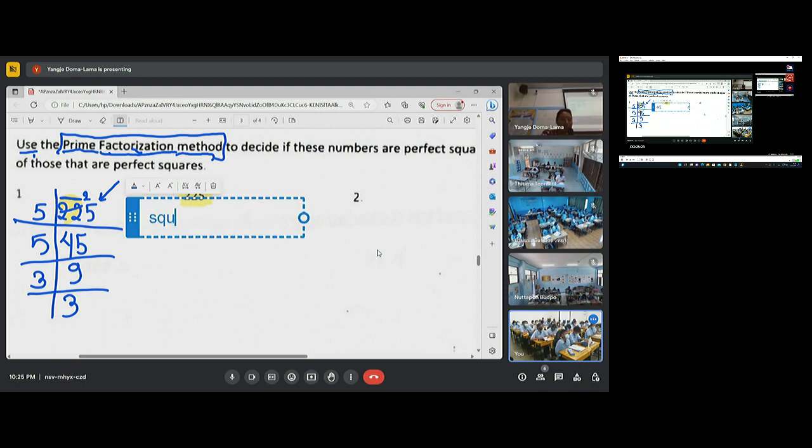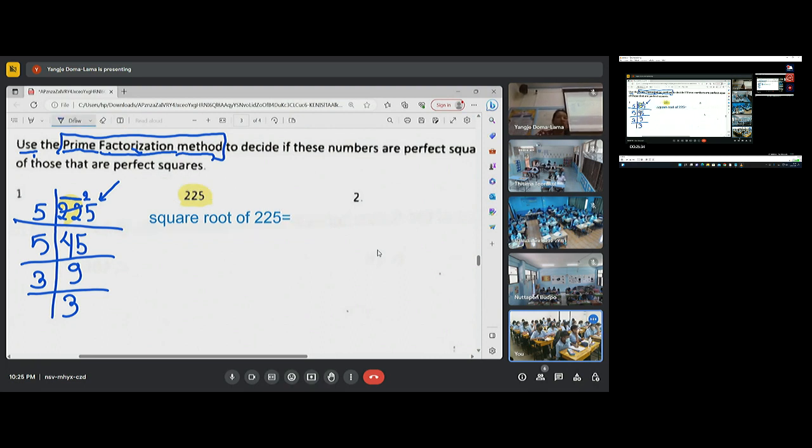Square root of what? Of 225 is equals to, how to write the square root of 225 is root 225. Do you understand? Yes? Okay. So square root of 225, I will write over here, is equals to 225 can be written as 5 times 5 times 3 times 3.